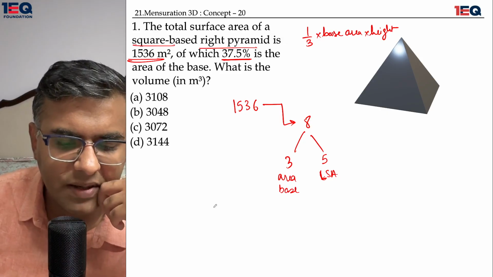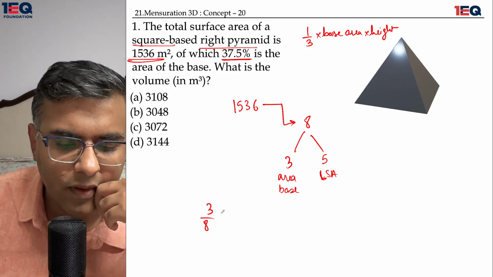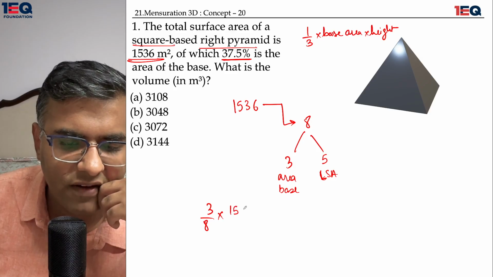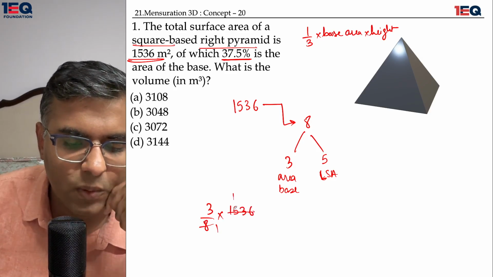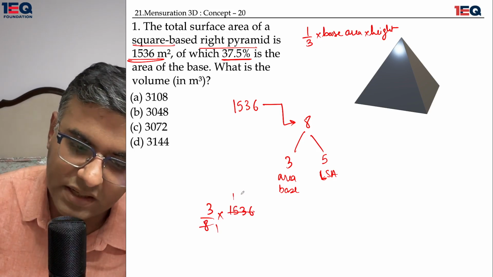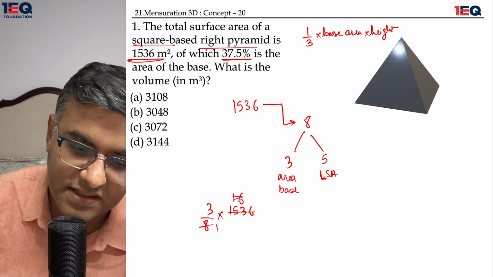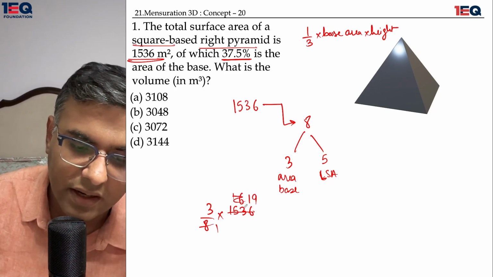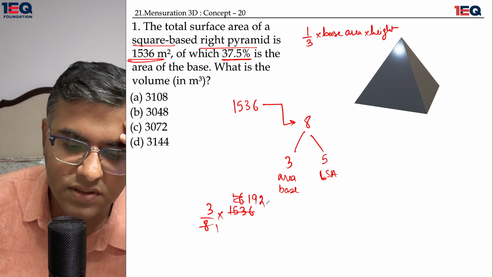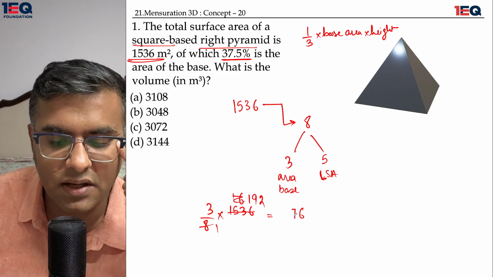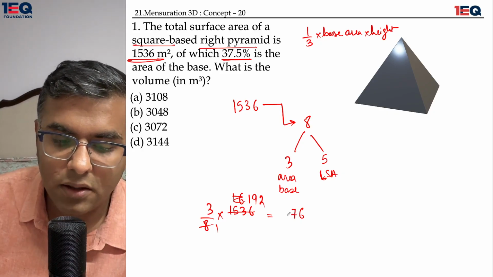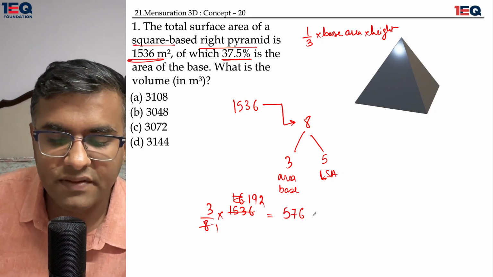I have the area of the base as 3 by 8 of 1536. 8 ones are 8, 8 9s are 72, and 8 2s are 16. Now this being multiplied by 3, 3 2s are 6, 3 9s are 27 and 3 1s are 3. This is 576.